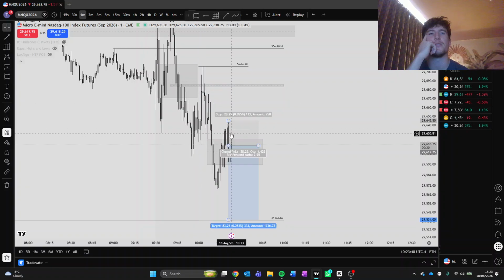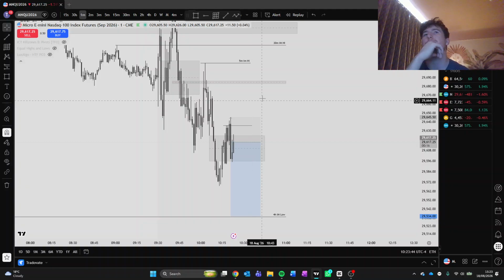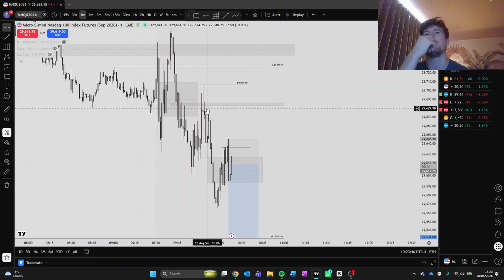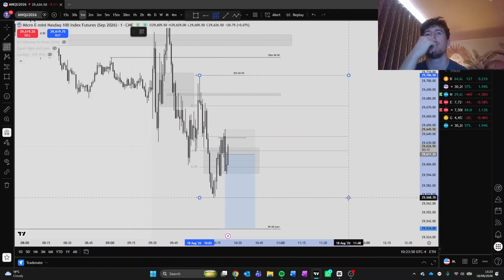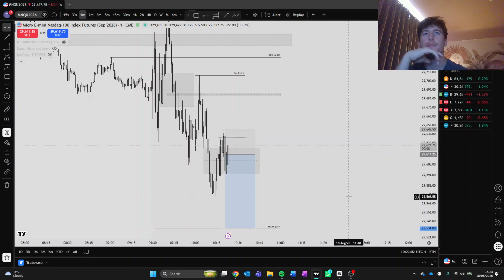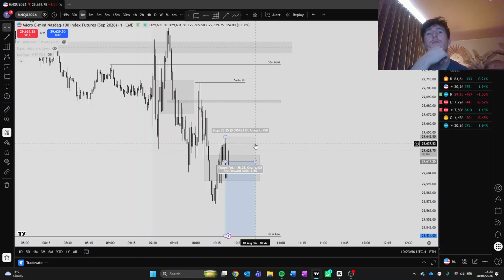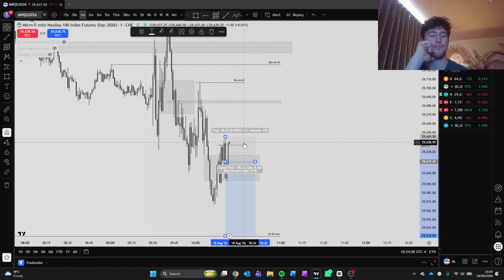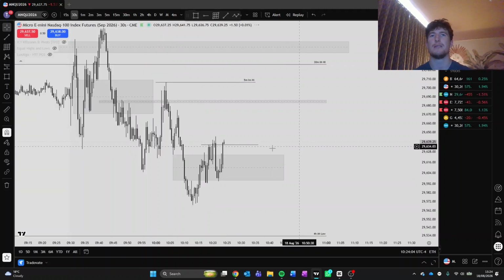You see how this one was so much better than this one? So it's a 5 minute. It's 50% of the range. Let's see if we can get 50%. Okay, I did. 50% of the range, better LR, way better inversion, better wicks, and this is basically a copy of that, but worse distribution.